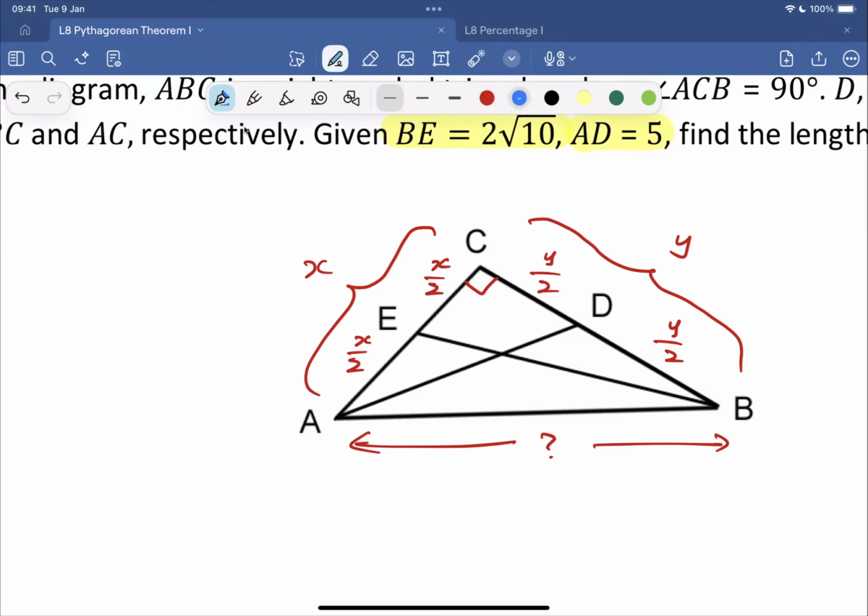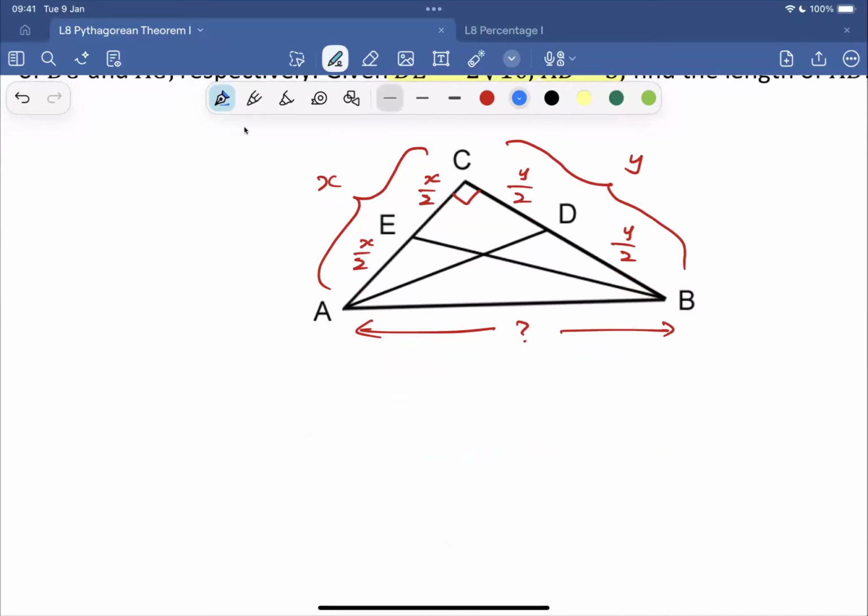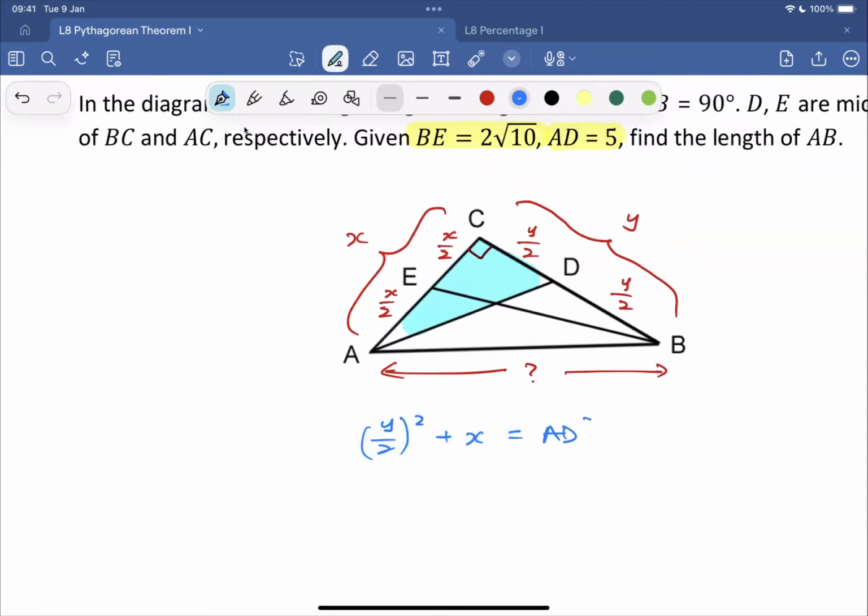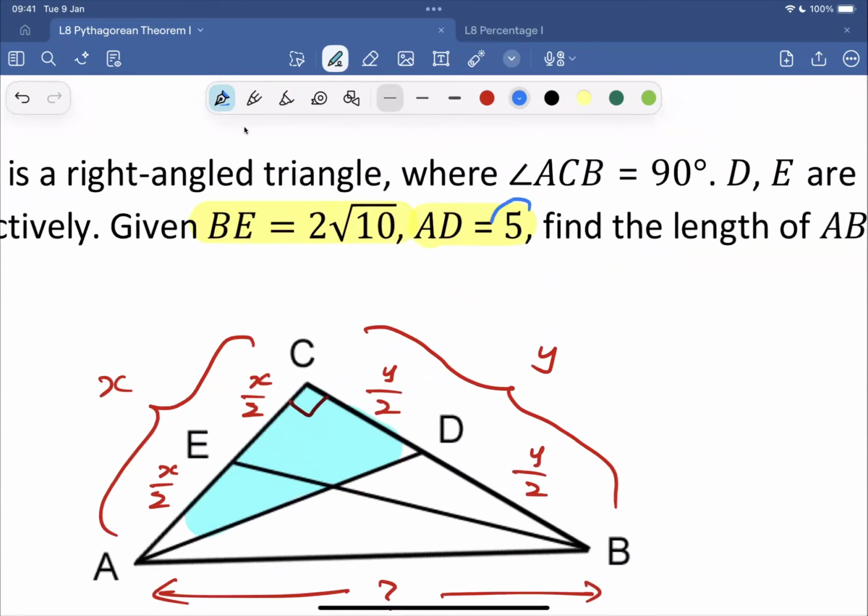So since it is a right-angled triangle, can we just focus on the blue triangle first? Okay, so if you look at the blue triangle, we are going to apply Pythagoras theorem. A square plus B square equals to AD square, which is C square, right? The question told us that AD is equal to 5.